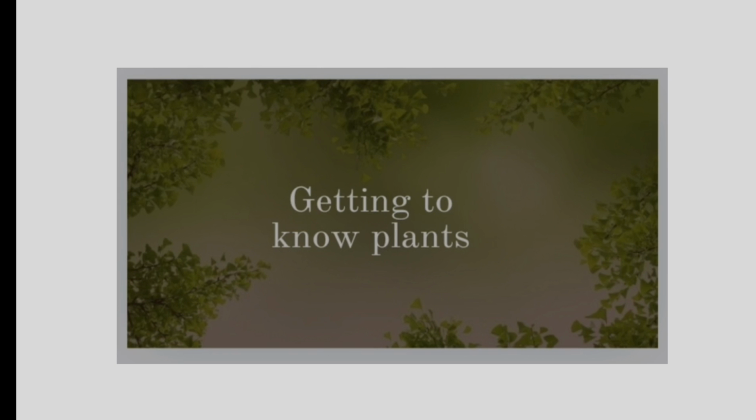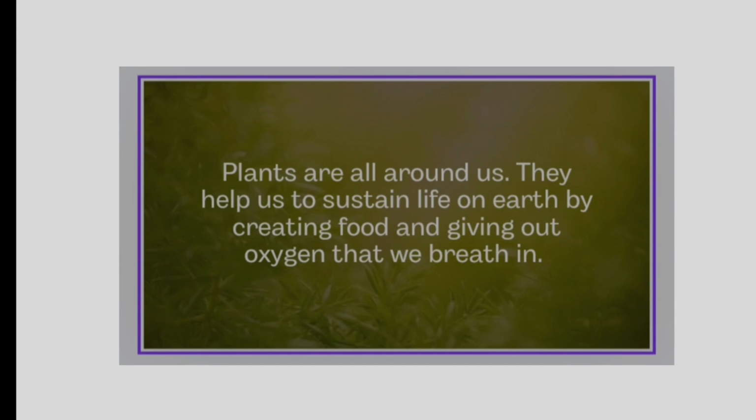Getting to know plants. We observe different types of plants. Some are small and some may be big, while some are just patches of green on the soil, and some plants have huge red flowers or blue flowers. So we do see a variety of plants existing all around us.